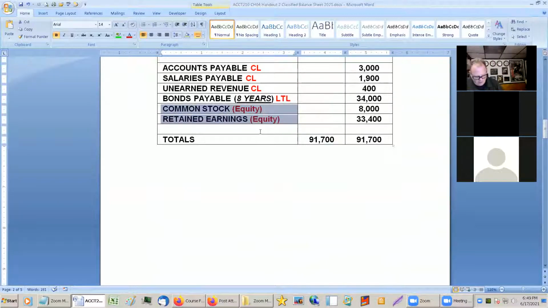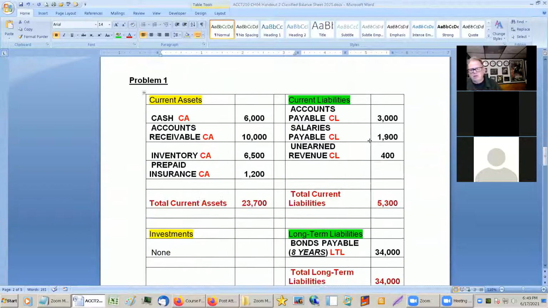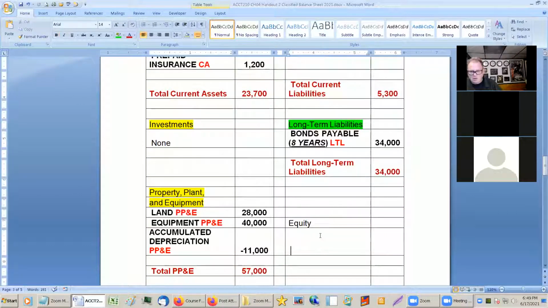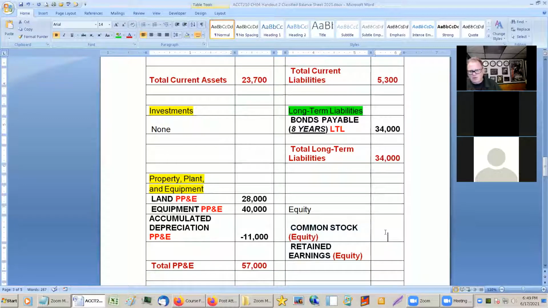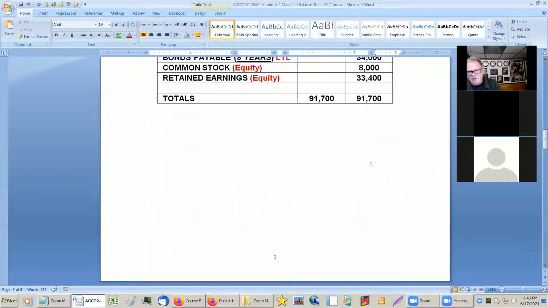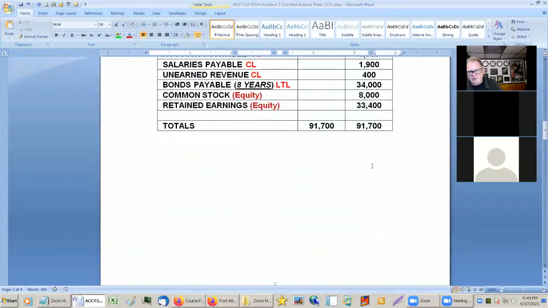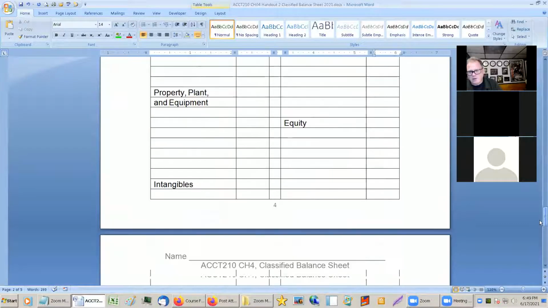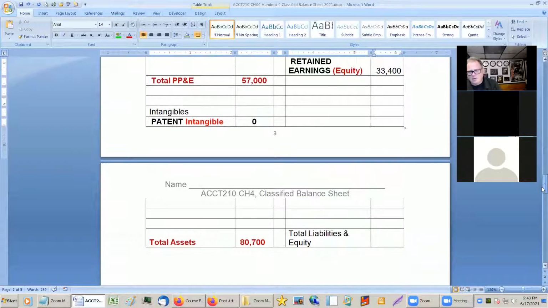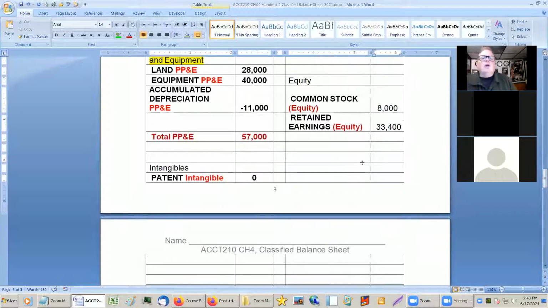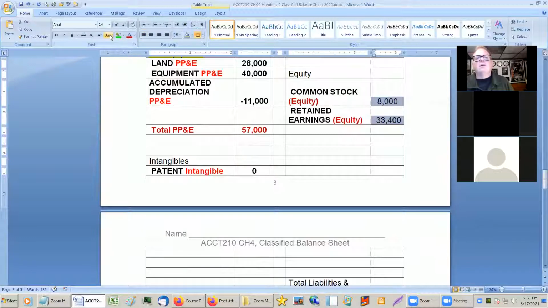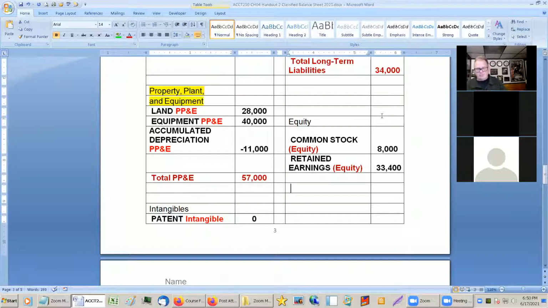8,000. 3,400. I better check on that before I do my adding. 3,400. Okay. Total equity.